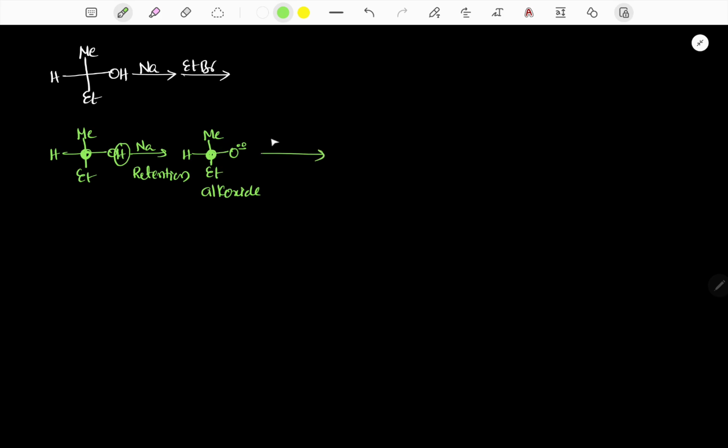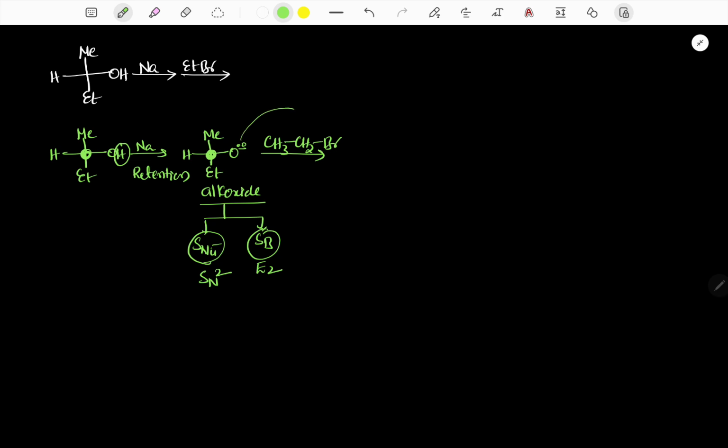Now it is treated with CH3CH2Br, an alkyl bromide. So here two types of reaction are possible, because the alkoxide can act as a strong nucleophile and a strong base. When it is a strong nucleophile, SN2; when it is a strong base, E2.